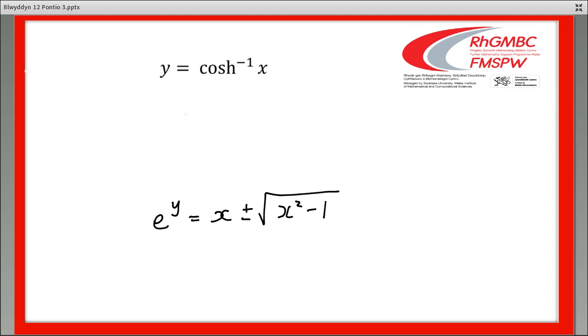So going down a few more stages, we end up with y equals plus or minus the log of x plus the square root of x squared minus 1. And again, I will go through that with anybody that wishes to write in.